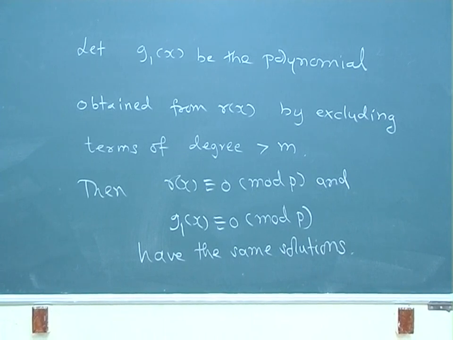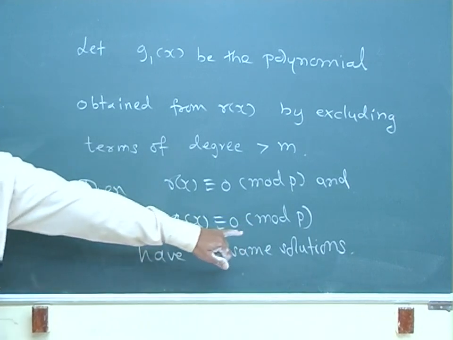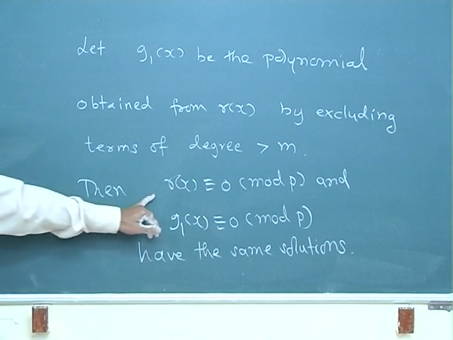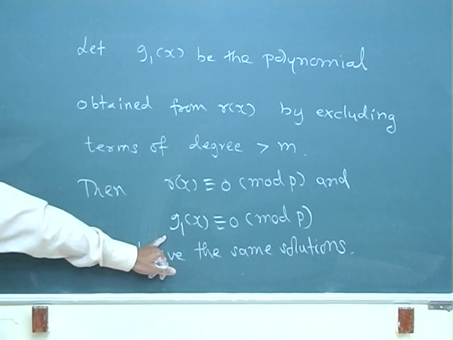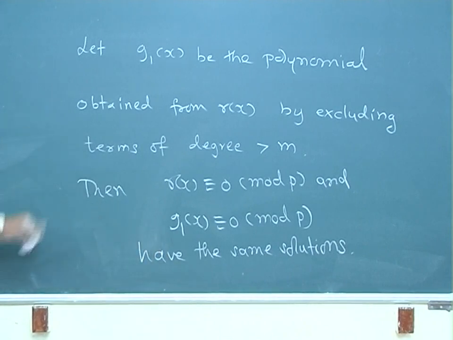So g1(x) has the property that g1(x) congruent to 0 mod p and the original congruence f(x) congruent to 0 mod p have the same solutions. Because f(x) congruent to 0 mod p has the same solutions as R(x) congruent to 0 mod p, and that has the same solutions as g1(x) congruent to 0 mod p. Only thing is, g1(x) may not be monic.